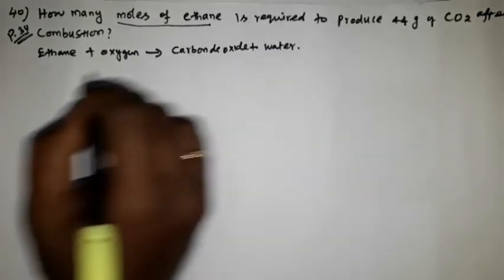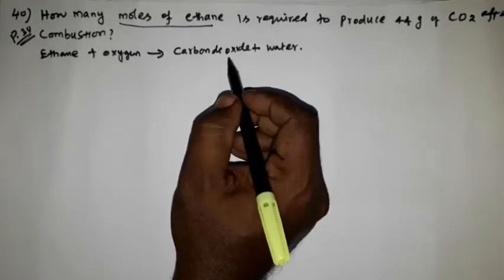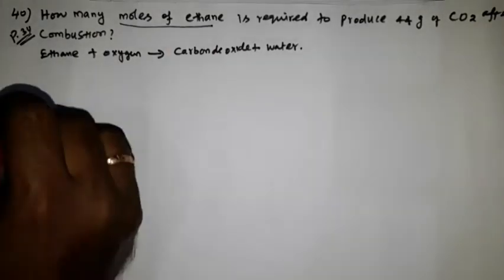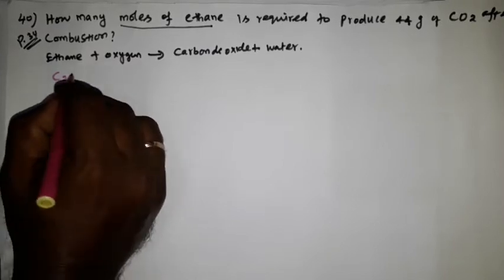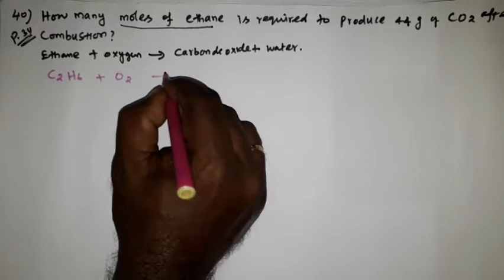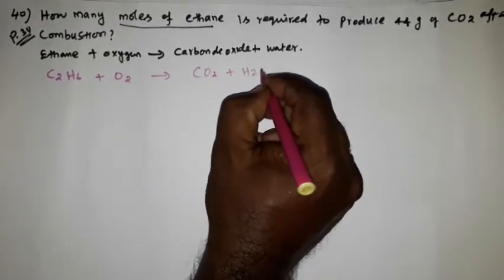This is a standard equation for any combustion reactions. It will produce carbon dioxide and water. Okay, so now ethane formula is C2H6, oxygen O2, carbon dioxide CO2 plus H2O.